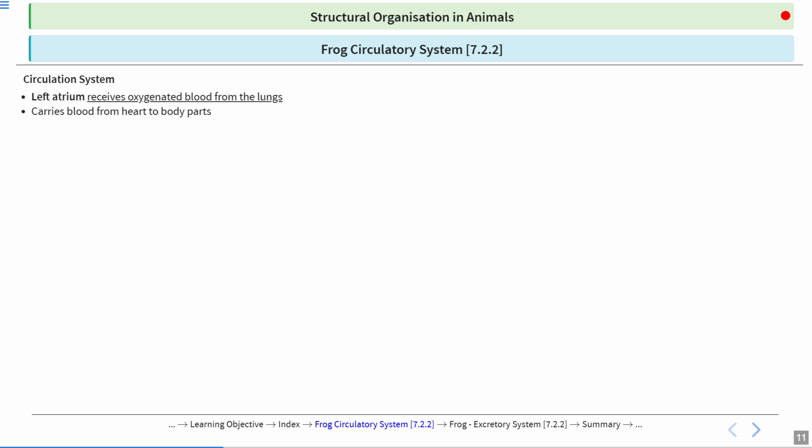It carries blood from the heart to the body parts. So the left atrium receives the pure blood, which later passes to every part of the body through circulation, distributing nutrients and oxygen. What is dissolved in this blood?